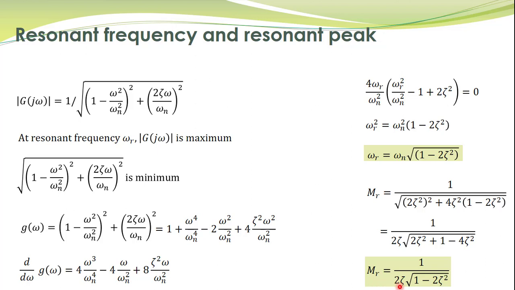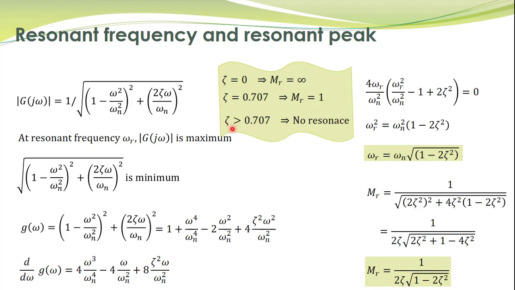It depends upon zeta. For zeta equal to 0, how much is this peak value? Infinity. So zeta equal to 0 implies that the peak in the frequency response will be infinity, and if zeta is equal to 0.707, then M r will be equal to 1.